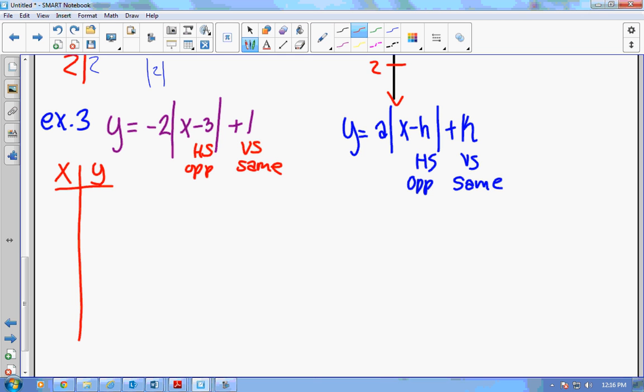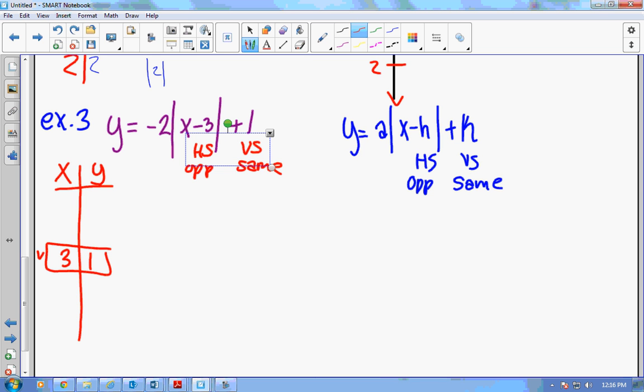Opposite, same. Colby, opposite, same. What's the vertex? Opposite this number. What number would that be? Same. So 3, comma. Okay, and put that in the middle. That's the vertex, and we should have symmetry around the vertex.